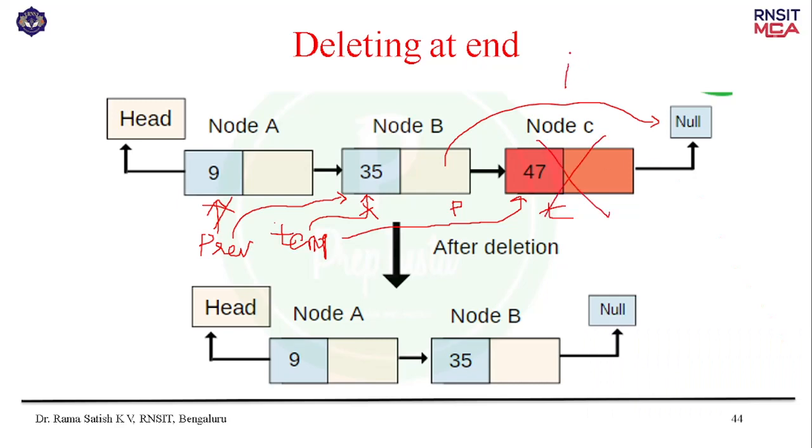So this is the first operation, and the second operation is freeing up. When the last node is deleted, before that the previous node's next is moved to null. So the resulting linked list becomes like this. This is the code, this is the action that is happening.